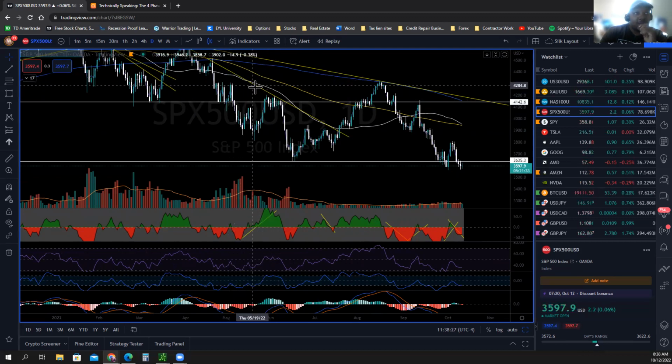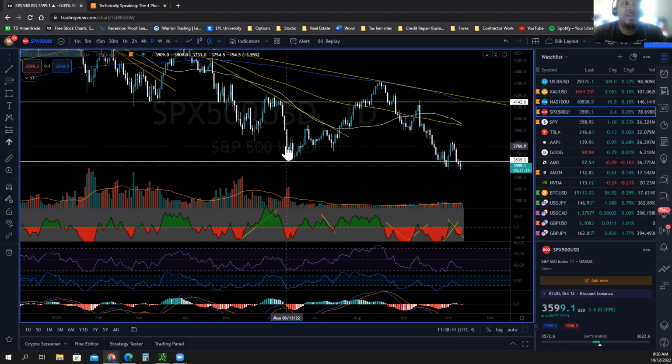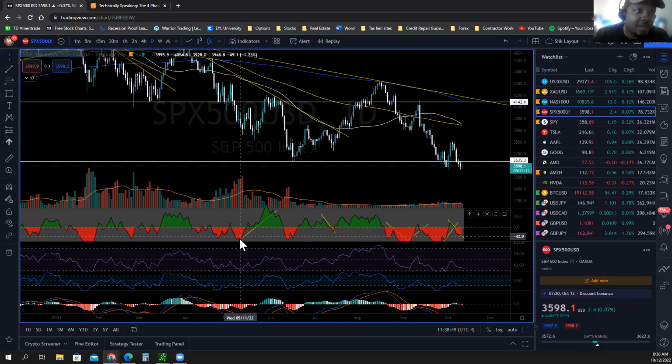I have a trend line right there, right? So these are multiple confirmations in the market of what is most likely to happen. That is that price is going to go down, bouncing off that trend line, bouncing off resistance here, but also the break of my trend line on the McClellan oscillator.